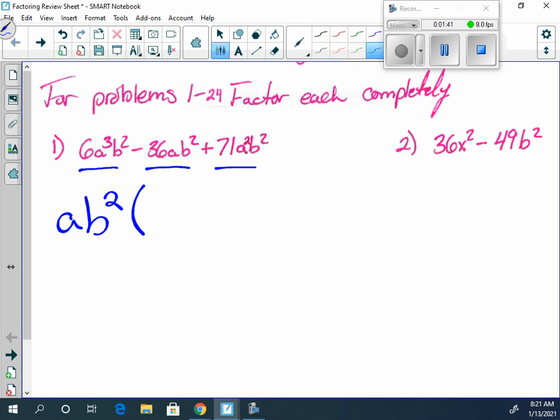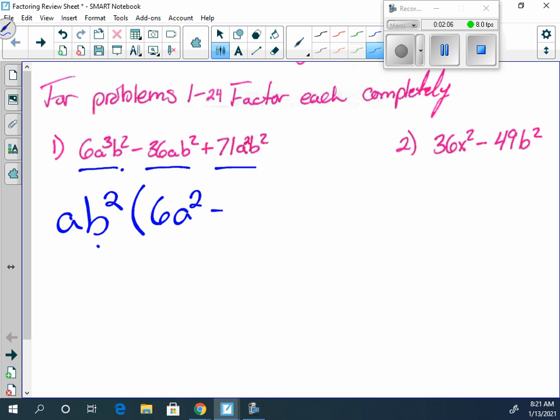Now, the next thing we can do is actually go through and factor this out. So if 6, we didn't do anything with the number, so we'll still have 6. A factored out of a cubed will leave me with a squared, because I pulled one out of the 3. And b squared factored out completely, because I have b squared and I factor out b squared. So I'm just left with 6a squared in the first term.